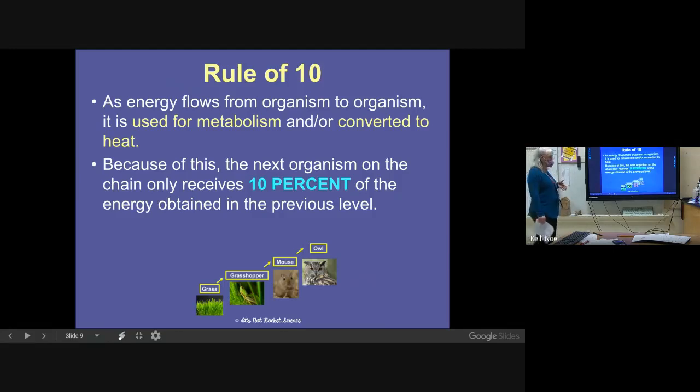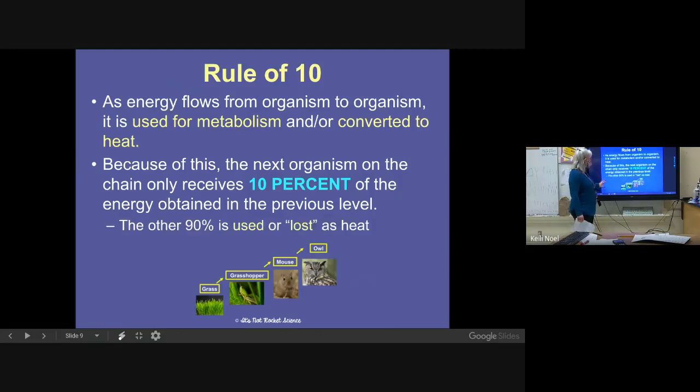Not all of the energy is moving on because the organism has to use some of that energy for its living processes, and it gives some off as heat, and then 10% of it is passed to the organism that eats it. So the other 90% of that energy is going to be used or lost as heat.